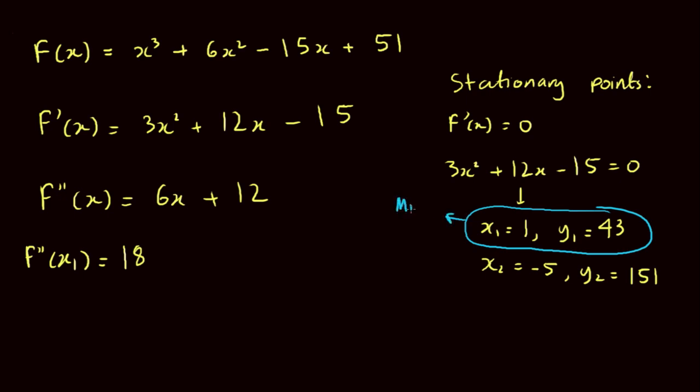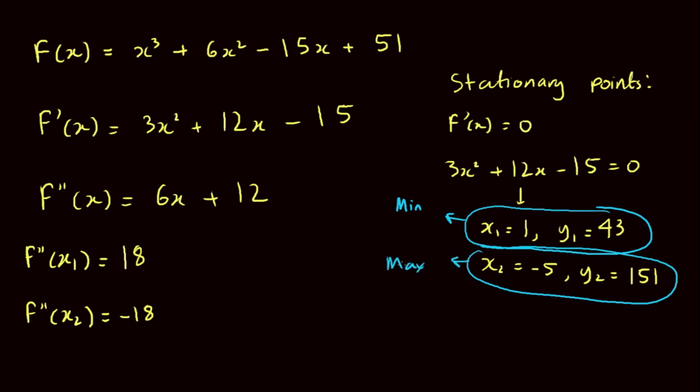If we do f double prime at x2, 6 times negative 5 is negative 30, plus 12, my bad, gives me negative 18. Since I get negative 18, less than 0, this gives me a maximum point.